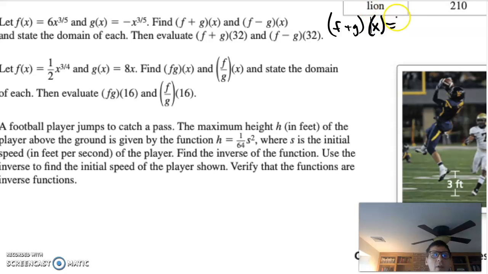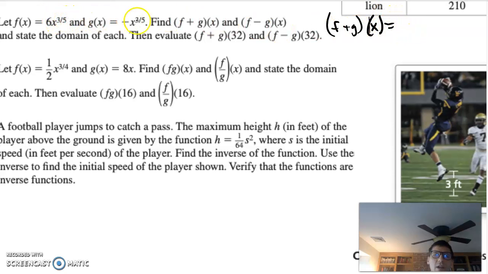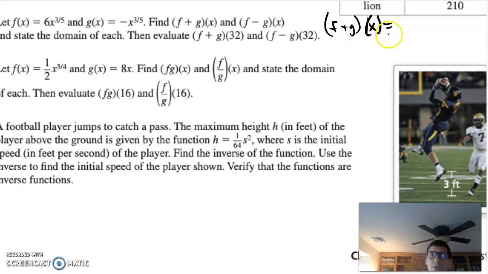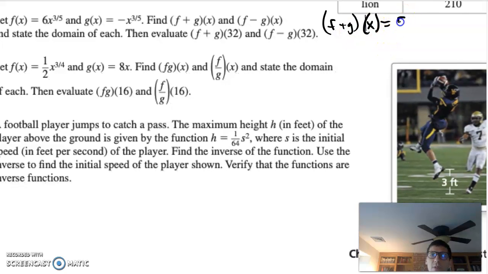So I would just get 6, they're actually the same 3/5 power, so 6 plus a -1 would just be a 5, x to the 3/5, and then f minus g of x, well, minus a negative would be like adding 1, 6, x to the 3/5.